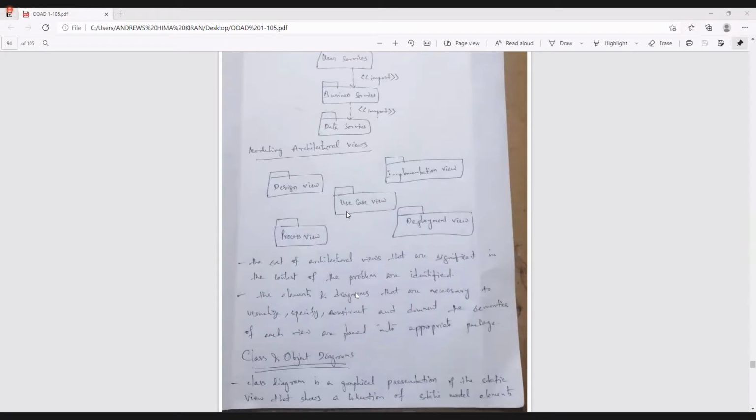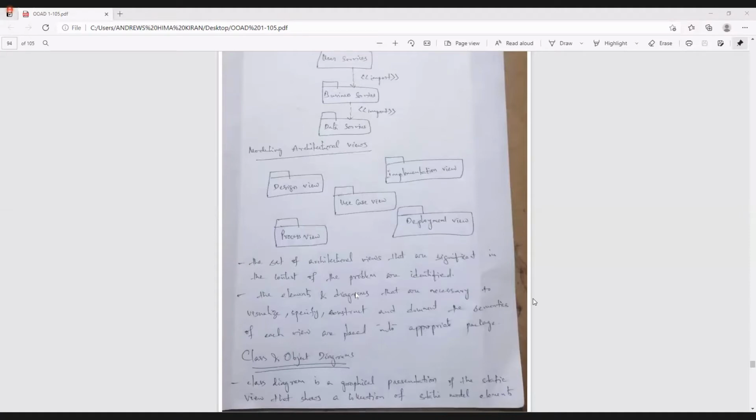The deployment view can be integrated with the deployment diagram. These architectural views that are significant in the context of the problem need to be identified.